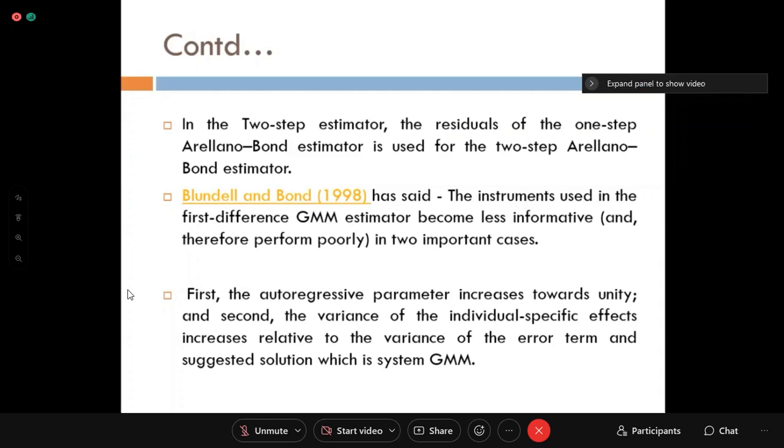Please, can you repeat the difference between one step and two step? Look, in one step, simply we do not consider the residuals. Right? In one step, residuals are not considered, whereas in two step, first it applies, and then the residuals are considered in the second, or you can say two-step model.